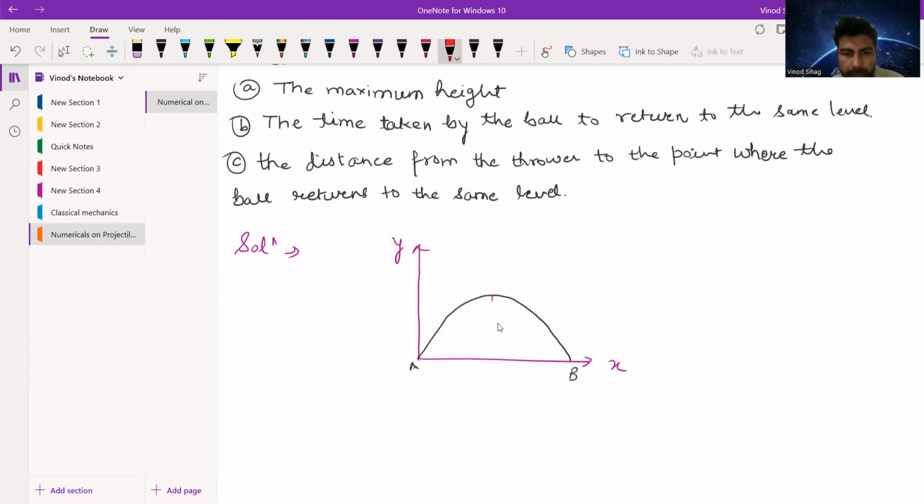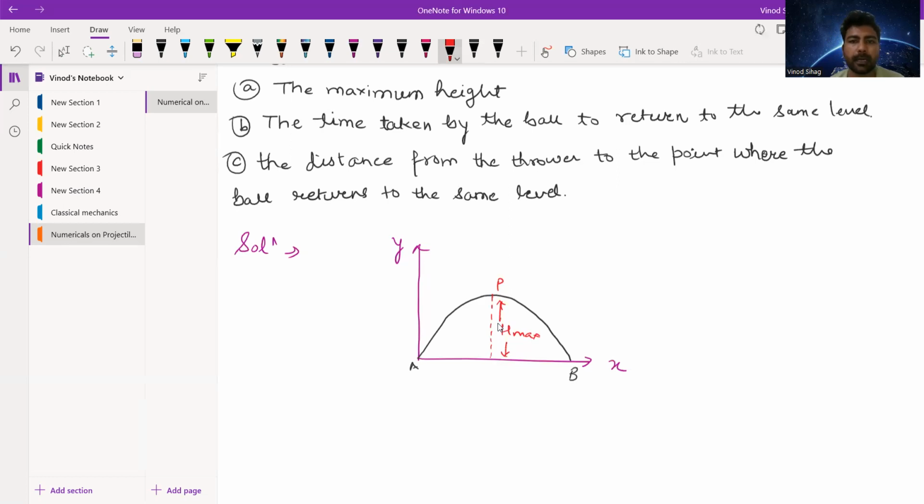So maximum height is the maximum vertical height. Let's say this point is for example any point P. So this height will be called as H maximum in the first question that we are going to derive.